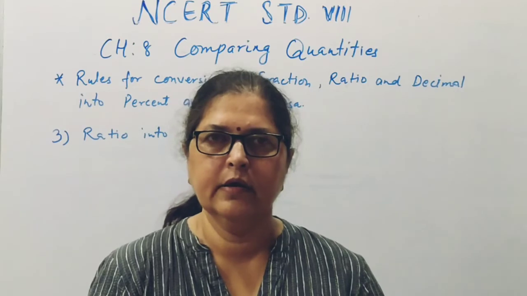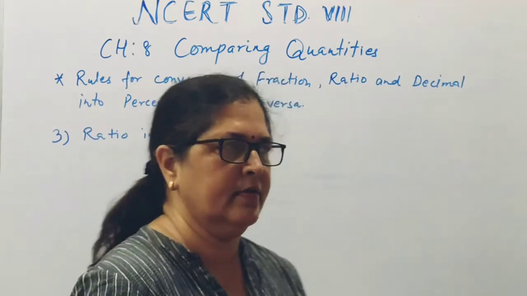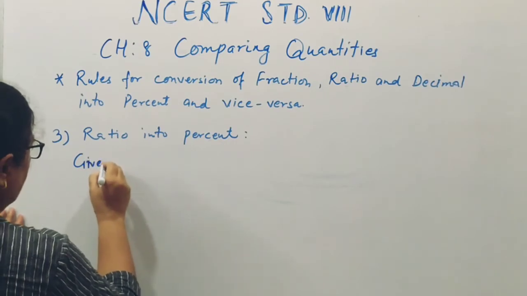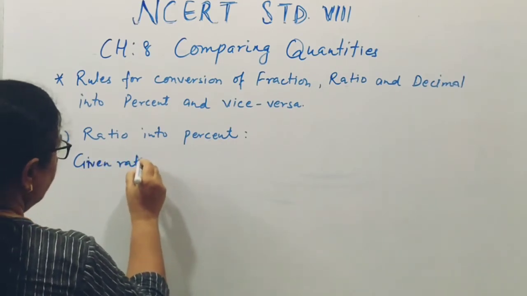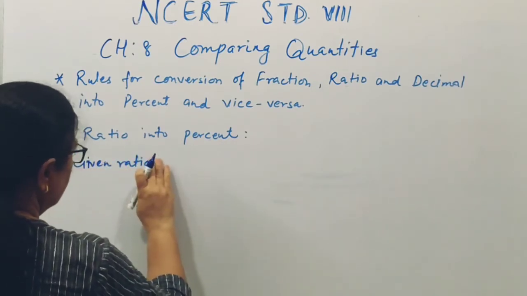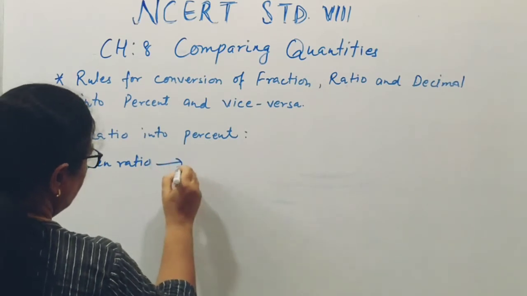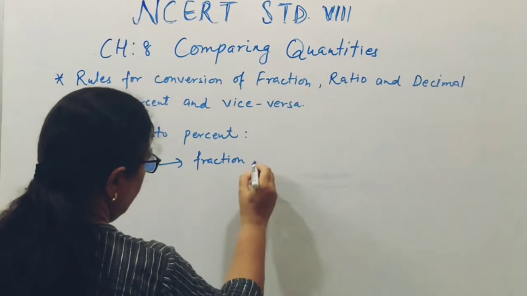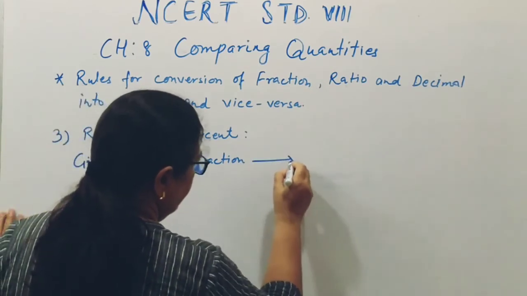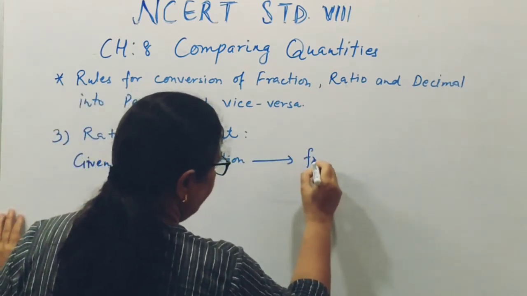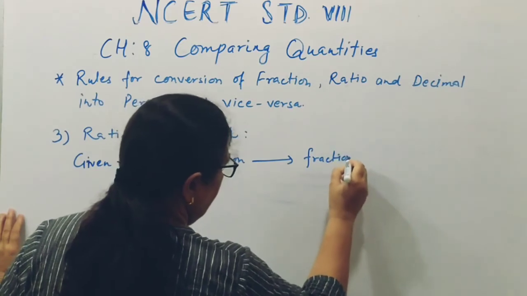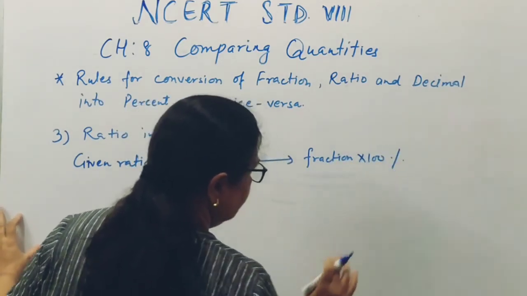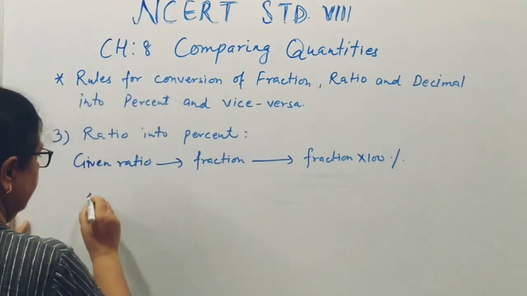Number 3, ratio into percent. So given ratio, first we convert the ratio into fraction, then we multiply the fraction by 100 and we put the symbol of percentage.